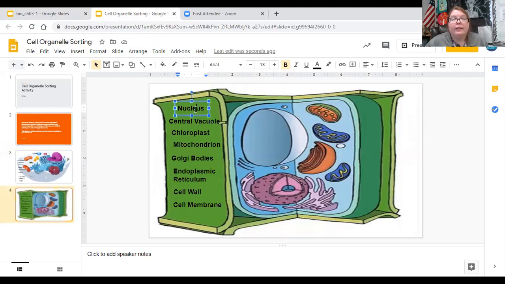So I left click and then I drag it to where it goes while holding down. I know on a Chromebook you gotta do the 2-finger click or whatever, but you just click and hold down and drag it. Okay? So once you've got it all labeled, you're going to need to turn that into me. That is your assignment for today. If you have any questions, please let me know.